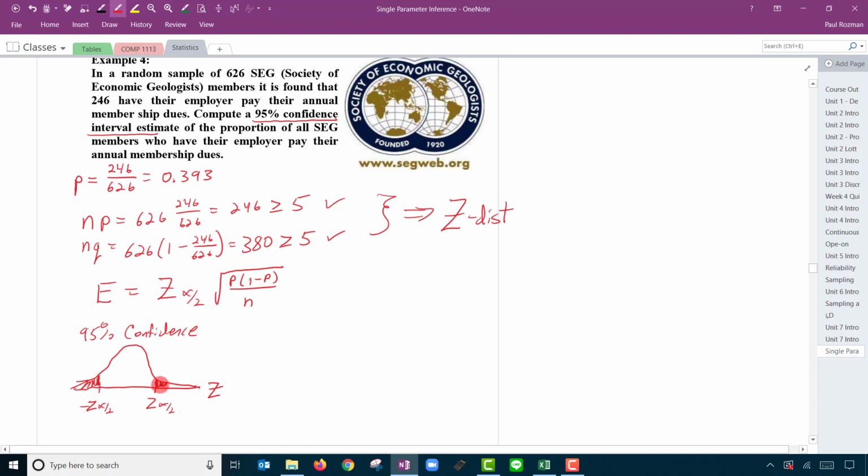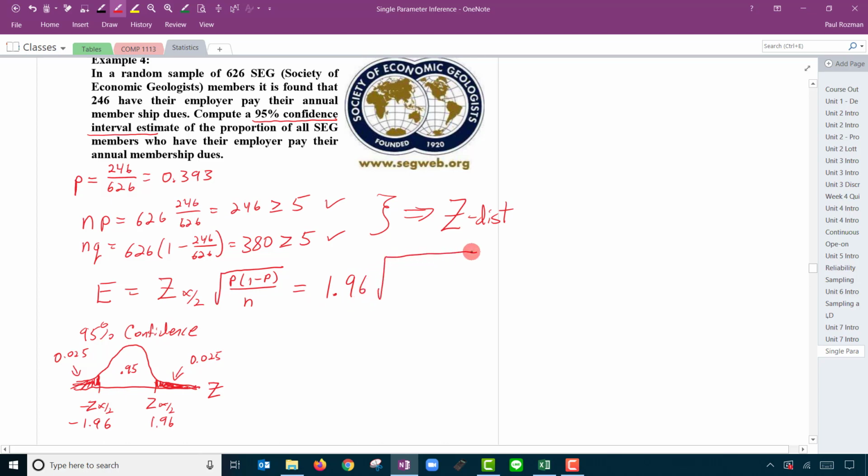Basically, these are the cutoffs between what's likely to happen and what's less likely to happen. 95% of our values are in the middle, and then we have 0.025 in the tails. Looking at 0.025 in our negative Z table, we've done this even in this lecture, negative 1.96 and positive 1.96. That's our Z score that separates what's likely to happen from what's not so likely to happen. So we'll use that as our factor.